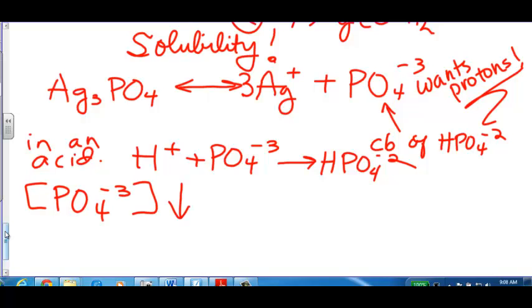Again, this is all relative to pure water. Okay? If you decrease the concentration of someone, you shift toward what you decrease. So this solubility reaction will shift to the right, increasing the solubility of silver phosphate. Okay?